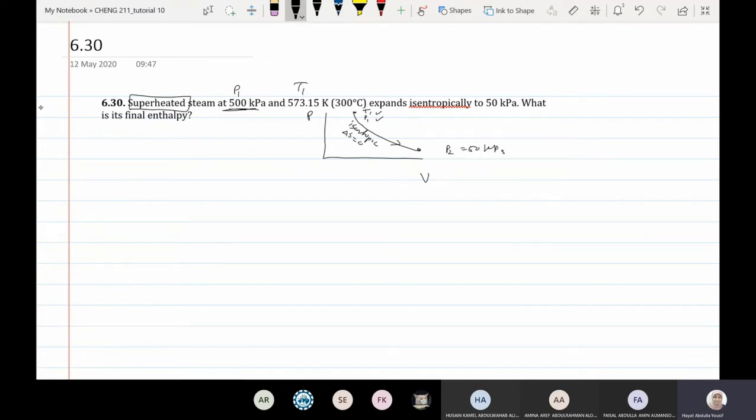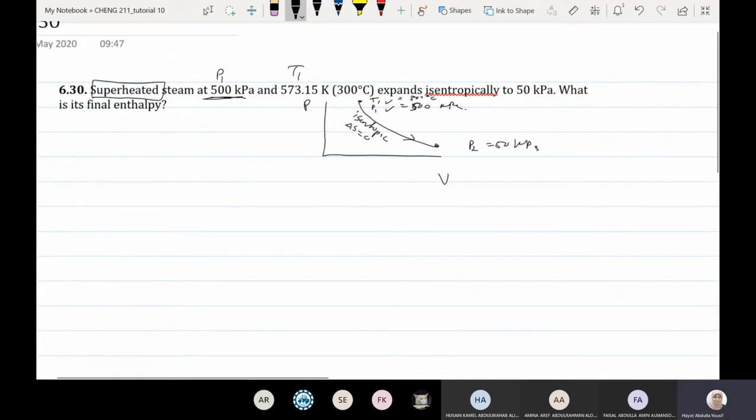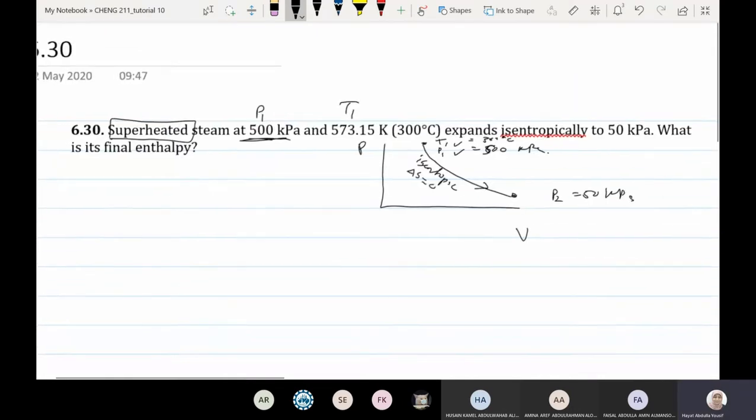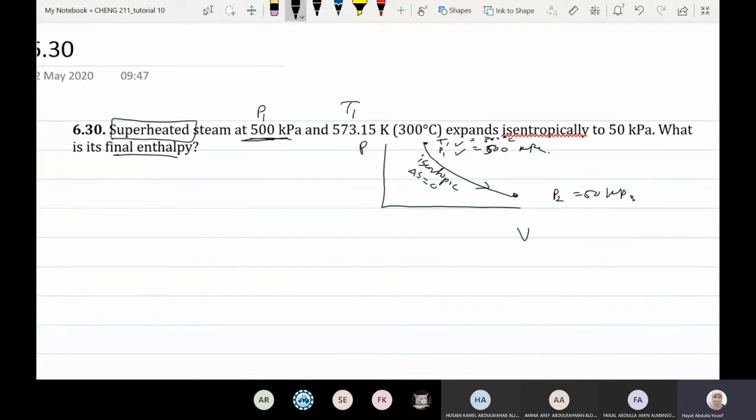So those are the given information: 500 kilopascal, and the temperature is 300 degrees C, okay? Now in the question, they were simply asking for the final enthalpy. Final enthalpy means H2, all right?